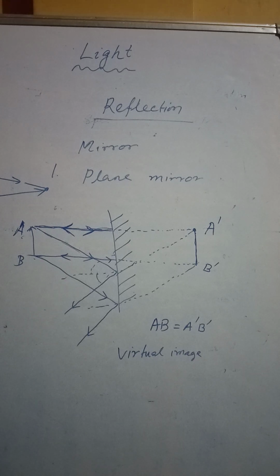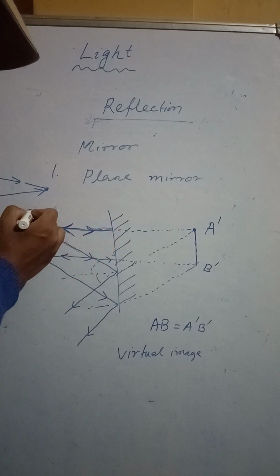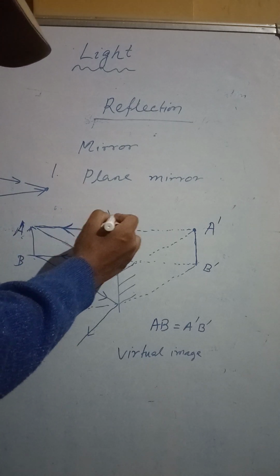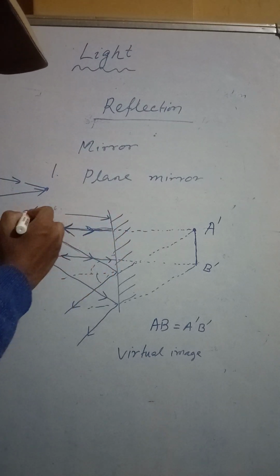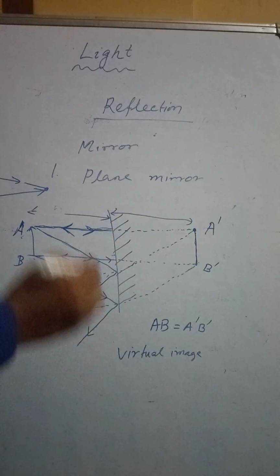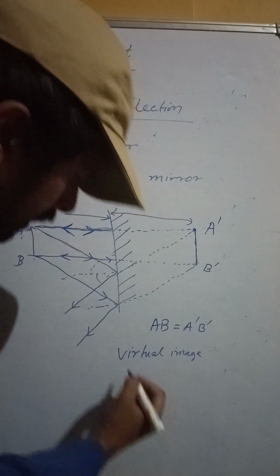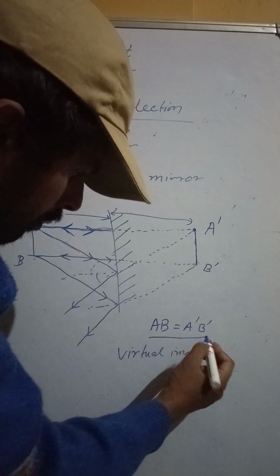So this is called a virtual image, and the distance from the mirror to the object and the distance from the mirror to the image are the same. This distance and this distance will be the same, and the size of the image will also be the same. A dash will be equal to B dash.